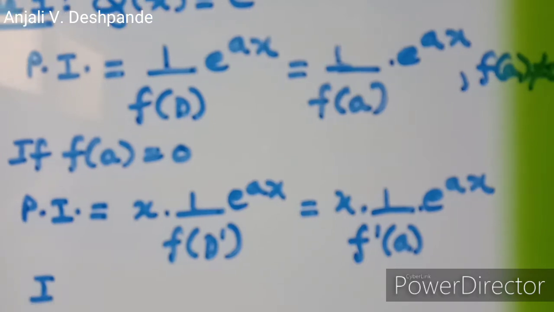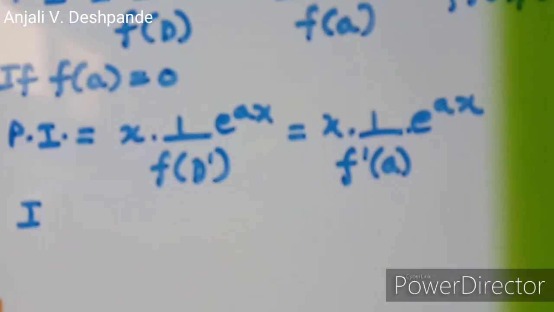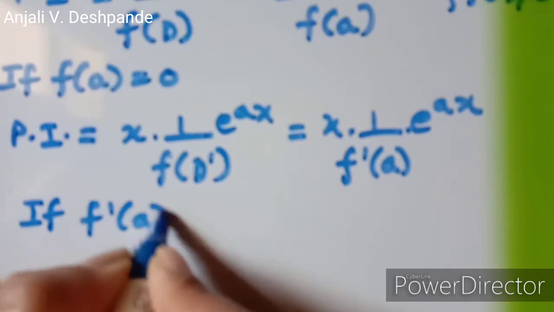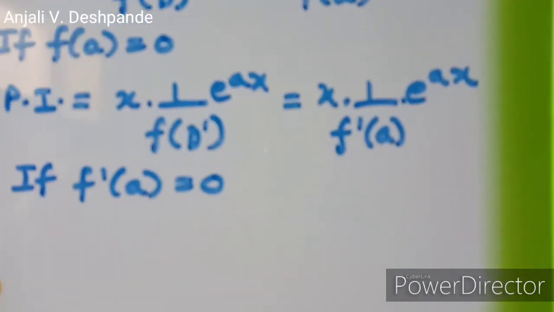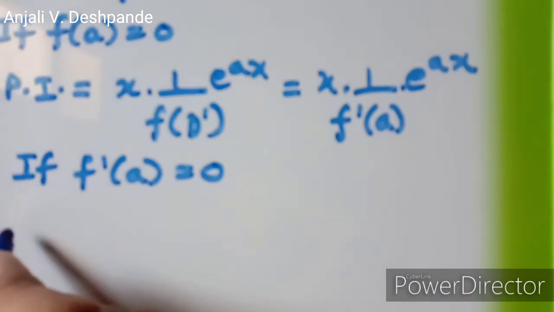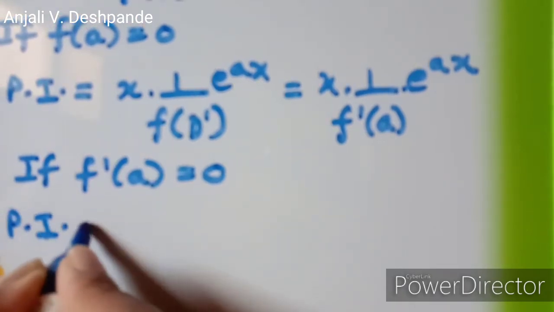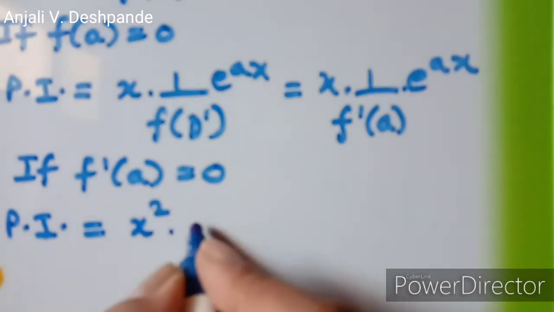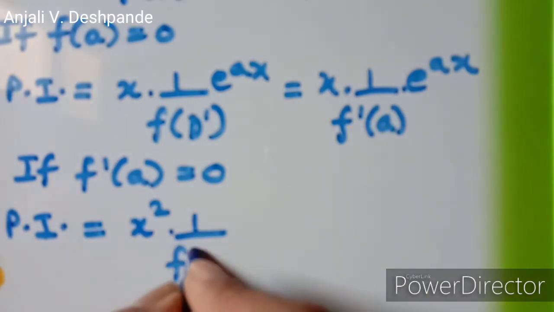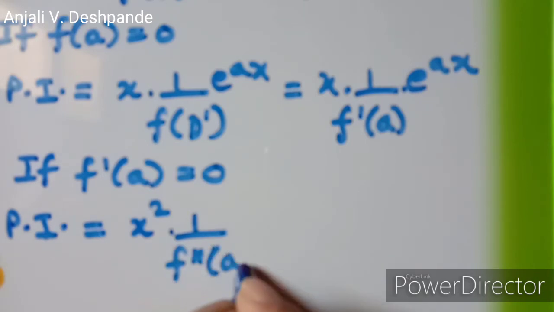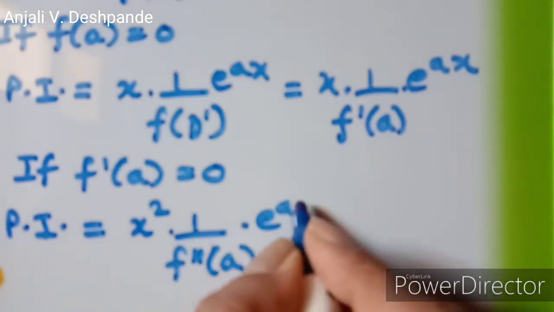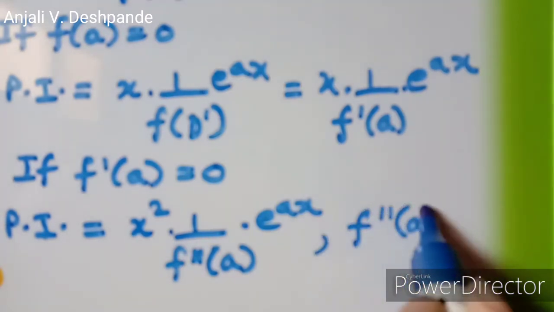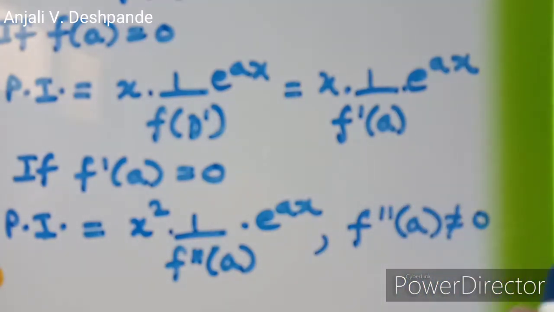Supposing that condition also fails, that means f'(a) is equal to 0. If this happens, then in that case PI is equal to x^2 into 1 upon f''(a) e^(ax), provided once again this f''(a) should not be equal to 0, and so on.